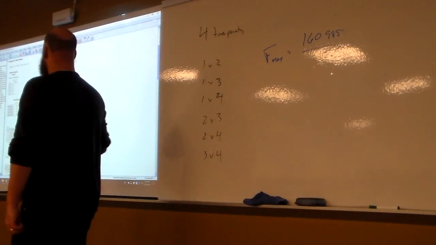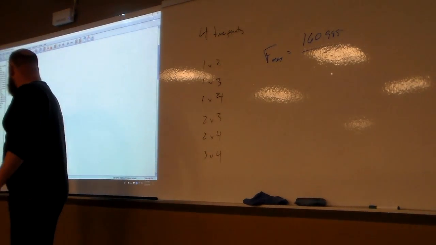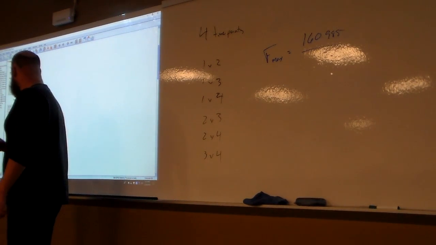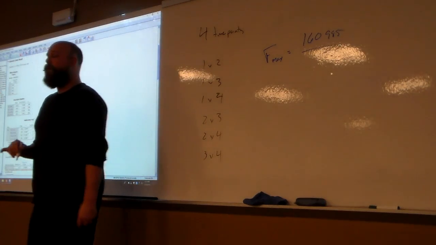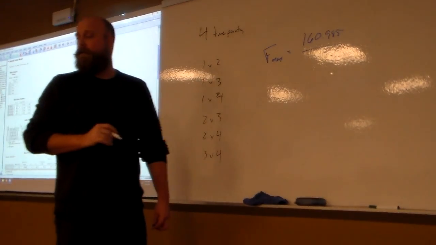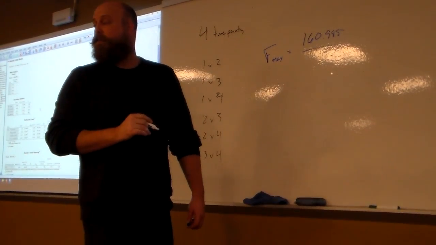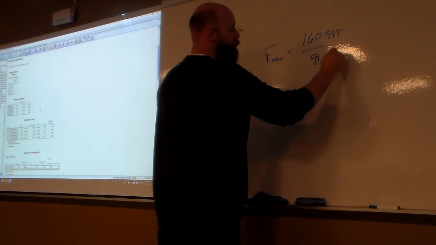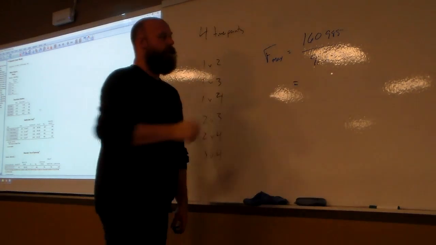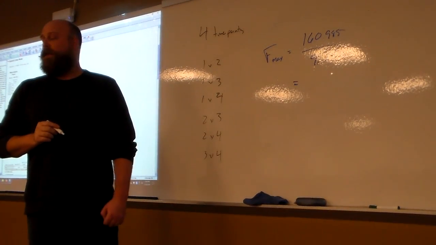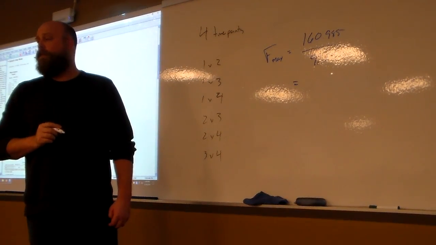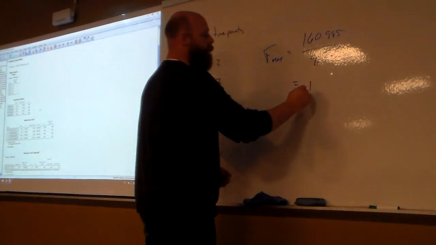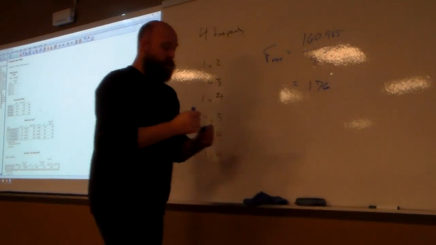And then our least variability is at 6 weeks, that's 9.551. What's the square of that? 91.222, right? And if we divide those, what do we get? 1.76. Okay. So F max here is 1.76.